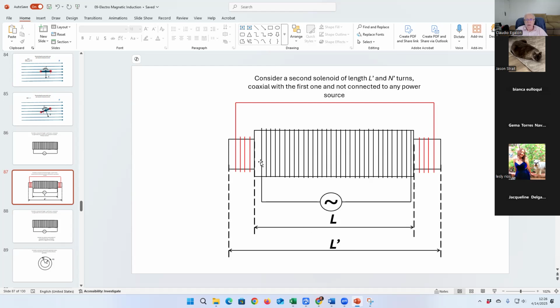There is a current flowing back and forth in the primary one. The current is changing in time. Because the second coil is inside the first one and it's feeling a changing magnetic field, there will be a current induced in the second one. Can you picture that?